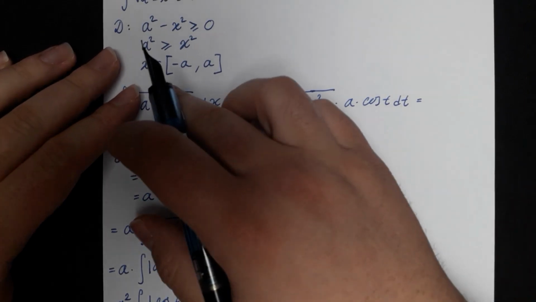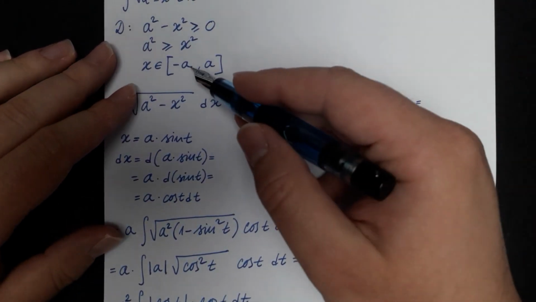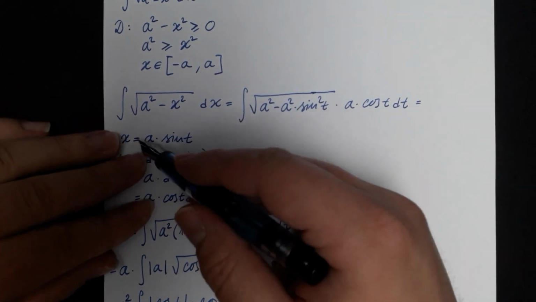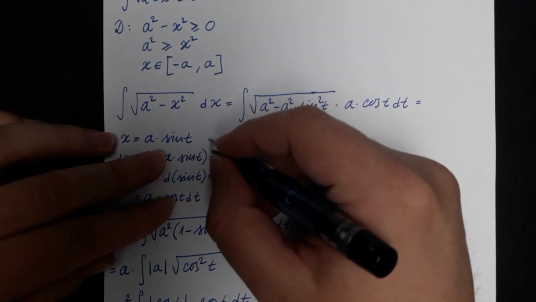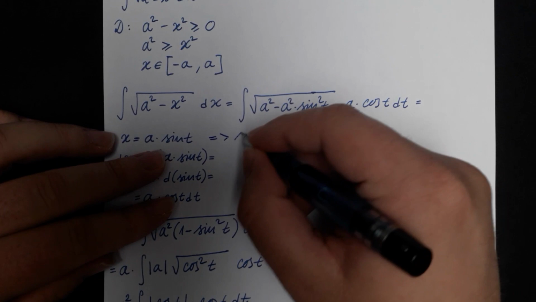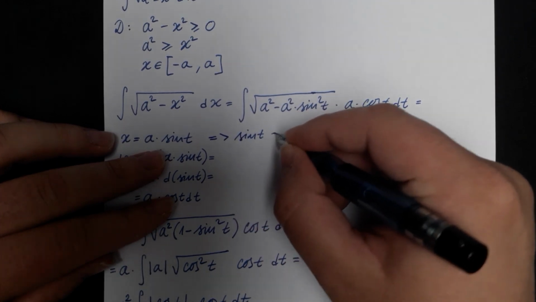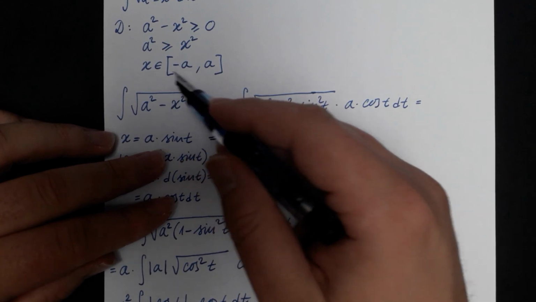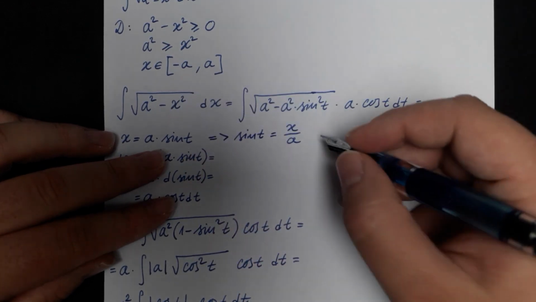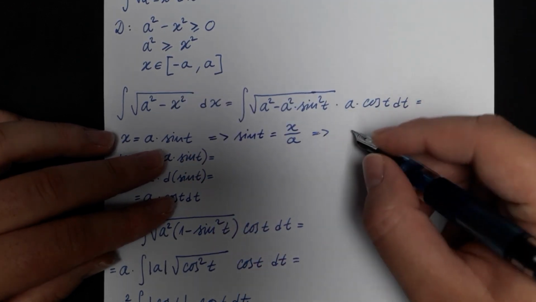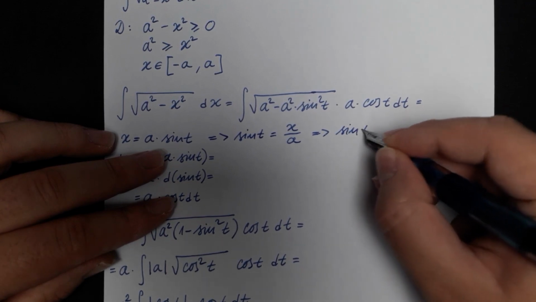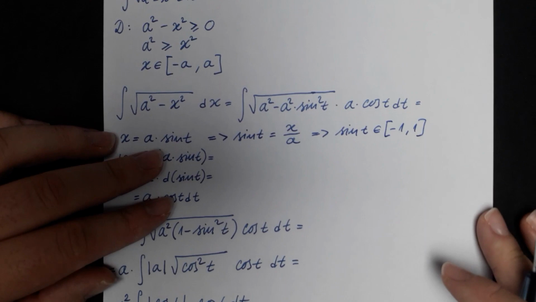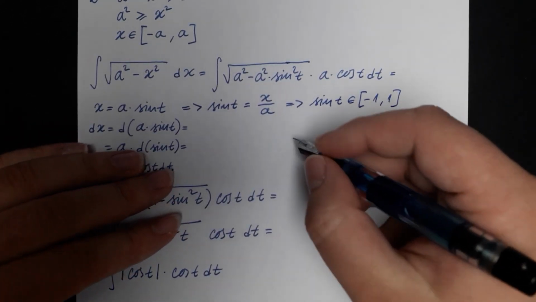So we have that x belongs in an interval from minus a to a. And we have that x is a times the sine of t. Well, this basically means that sine of t is equal to x over a. And since x belongs in an interval from minus a to a, that means that sine of t belongs in an interval from minus 1 to 1, which is not a big surprise.